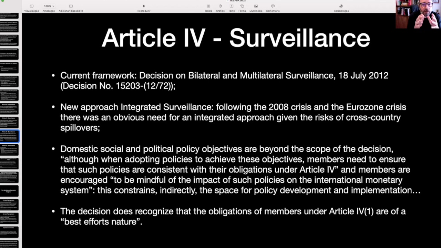Now, because you have to be mindful of the impact of a given political choice on the international monetary system, the actual policy space is constrained indirectly by Article 4. So say you want to implement a very generous social policy. Well, you have to take into account, can you finance that?